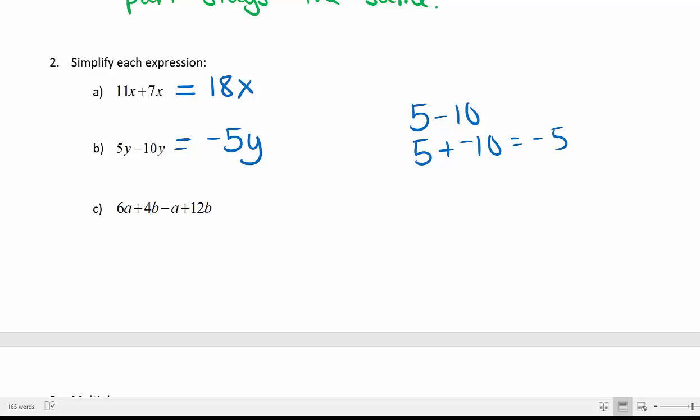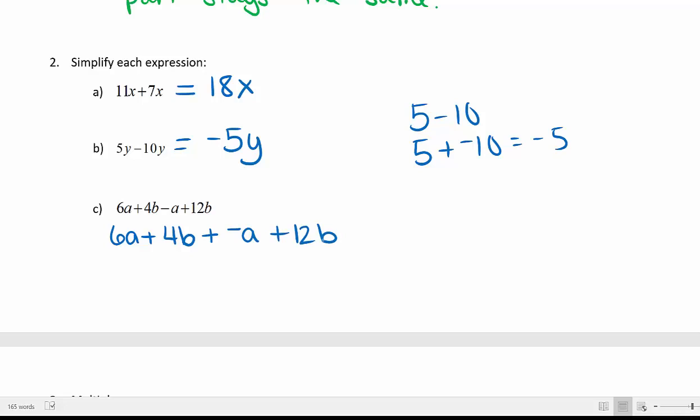And it doesn't matter what order the terms are in, because we can actually add in any order we want. So the first thing I need to do is think of this as an addition problem. In other words, that minus a is actually the same thing as a plus negative a. And you don't have to write down this intermediate step if that makes sense to you.